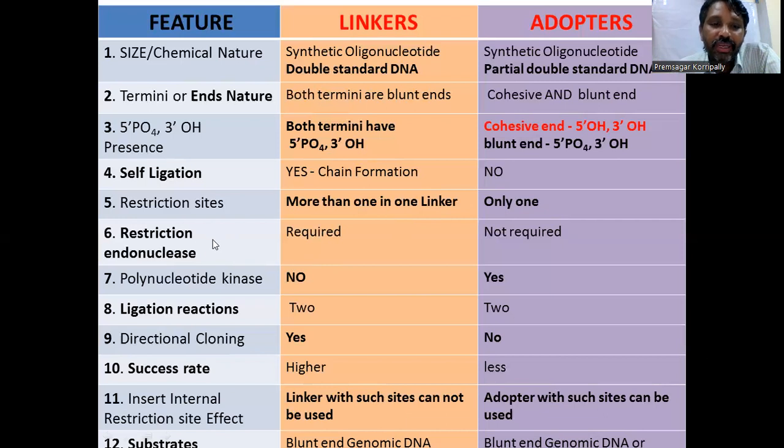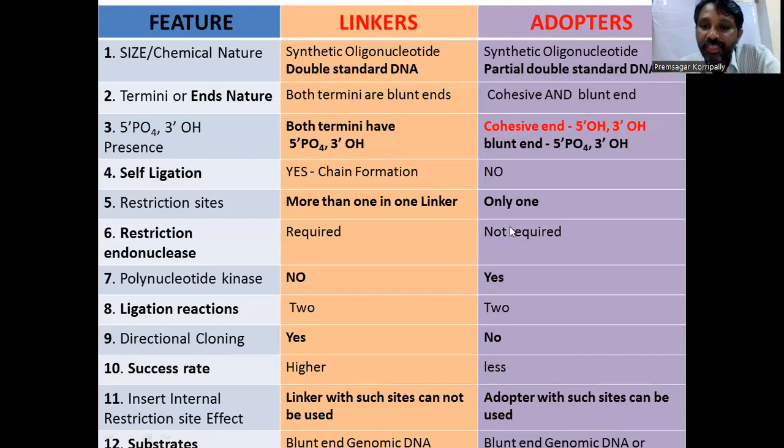When you're using linkers, you need to go for restriction digestion after joining the linkers to the DNA fragments. So here you can see restriction endonuclease is required. Once you join the linker to the DNA fragment, it has to undergo restriction digestion to give cohesive ends.